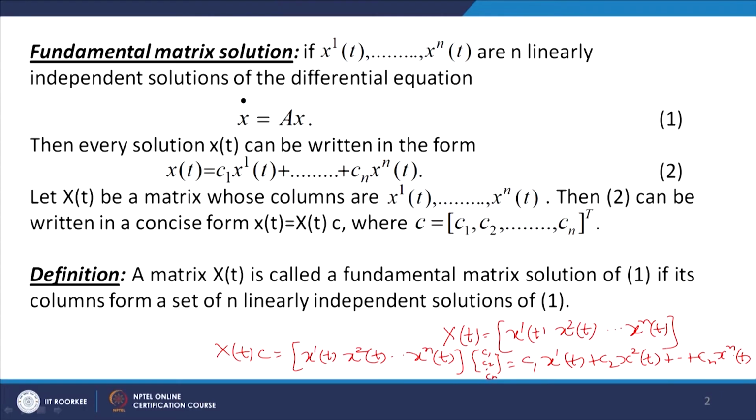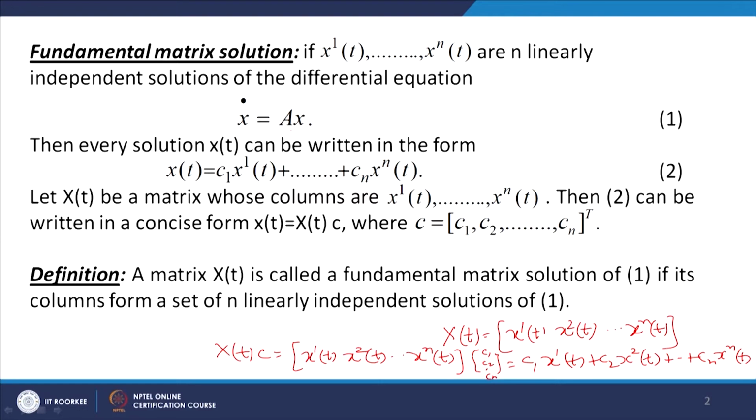Now, a matrix X(t) is called a fundamental matrix solution of the vector differential equation x dot equal to Ax if its columns form a set of n linearly independent solutions of 1. So, X(t) here, which comprises these n linearly independent solutions x1(t), x2(t), xn(t), is a fundamental matrix solution of equation 1.